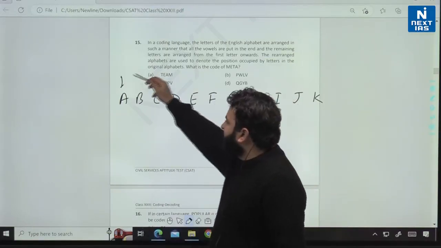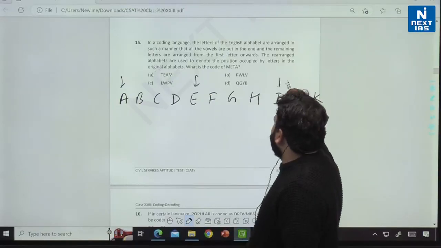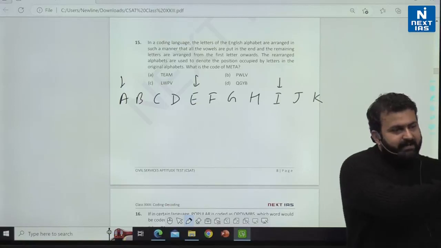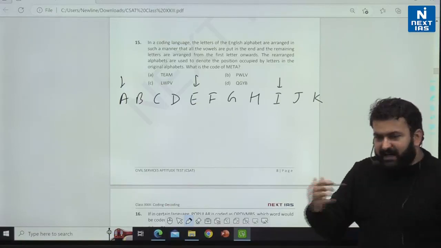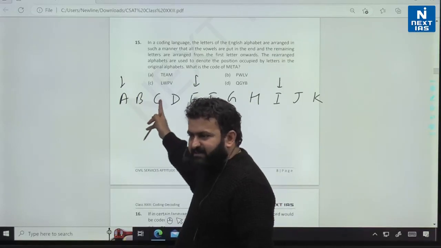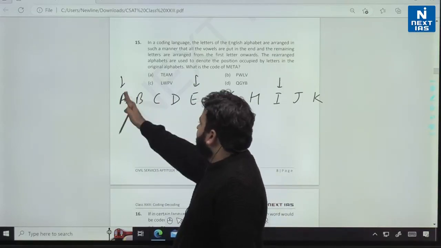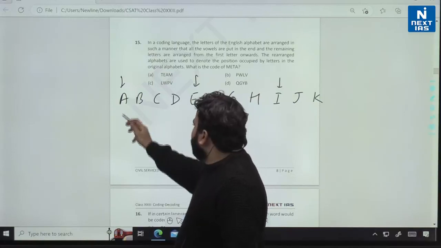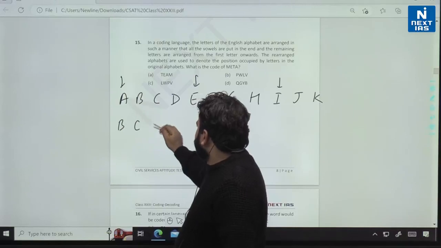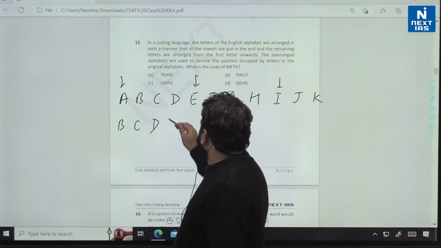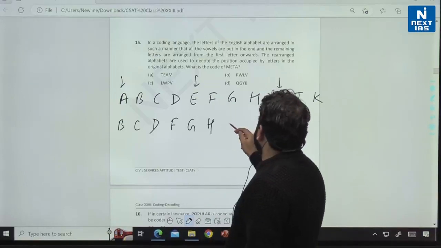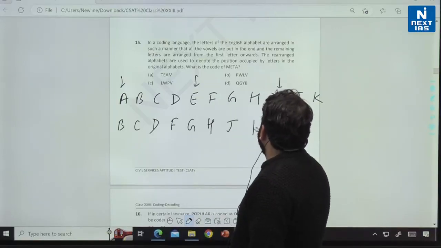All the vowels, A E I O U, are placed at the end. You pick them up and place them at the end. Then A is the first letter, B the second, C the third, and then these are placed at the end. Now in the place of A comes B, then C, D, then F, G, then H, then J, K like this.